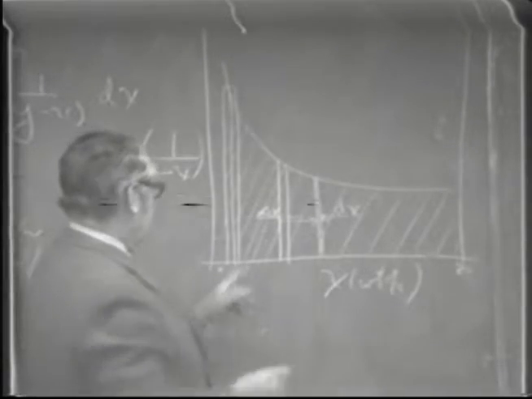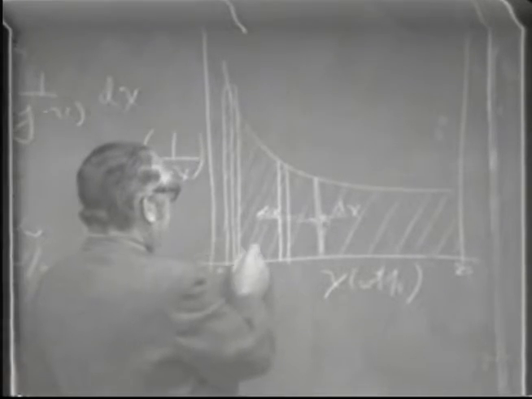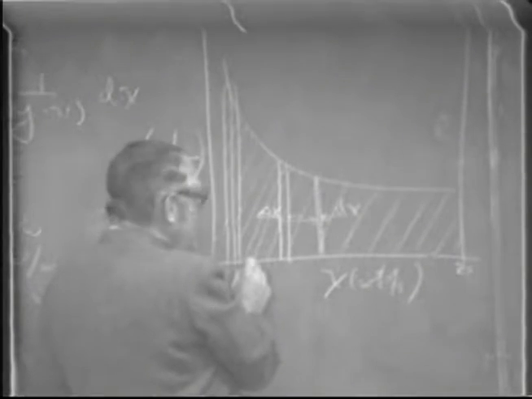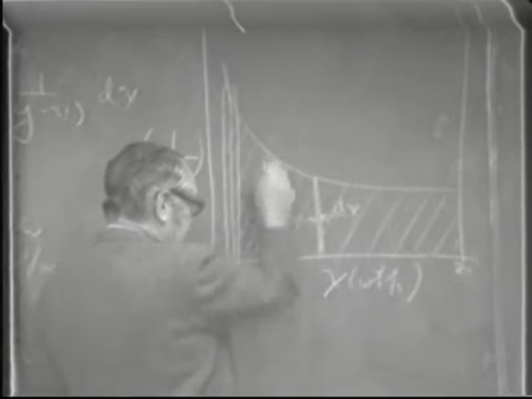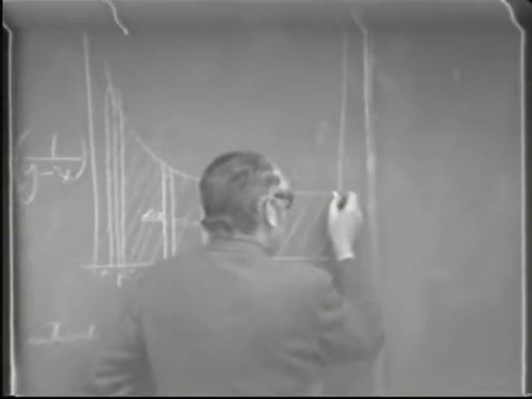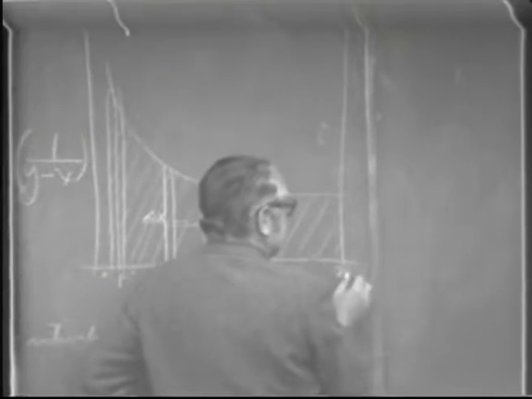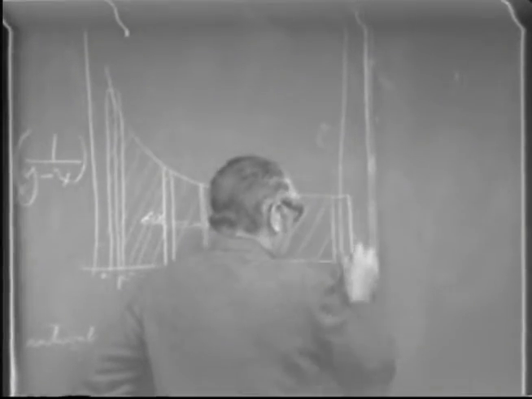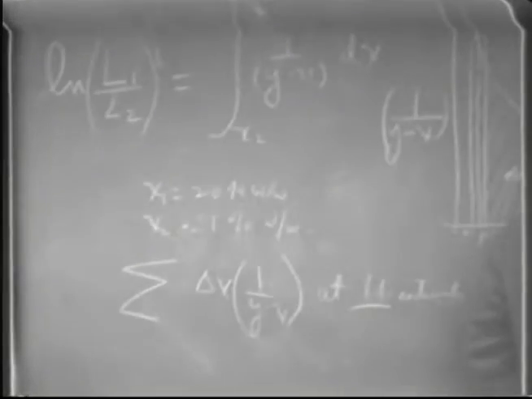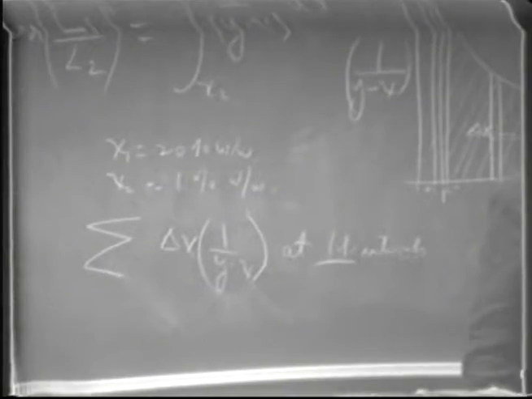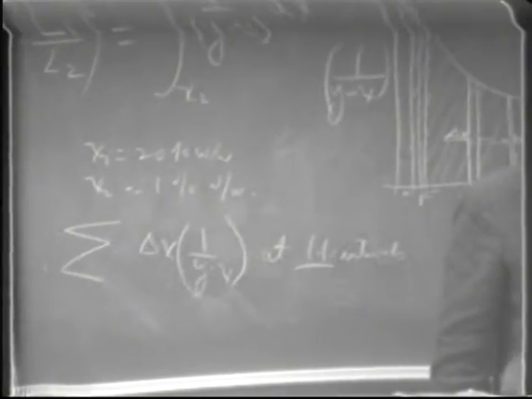But when you multiply at the value of 1 over y minus x at a value of x equal to 2, well, then the whole thing is carried out, and so forth, until you get over here to the value of 1 over y minus x at 20%. If you're multiplying by 1% intervals, of course, the one outside here has to be dropped off. So you'd take a half of that, you see. So that's the second way of doing it.